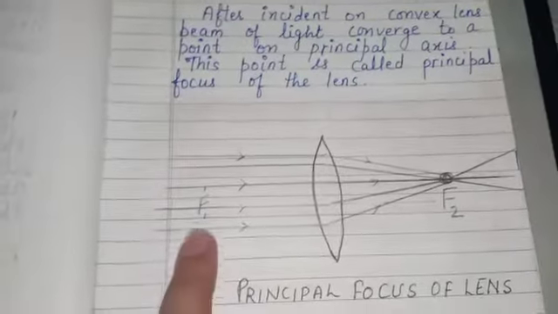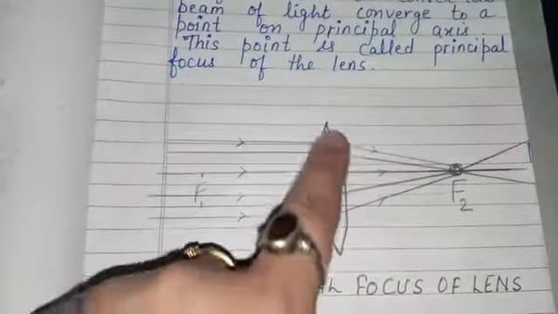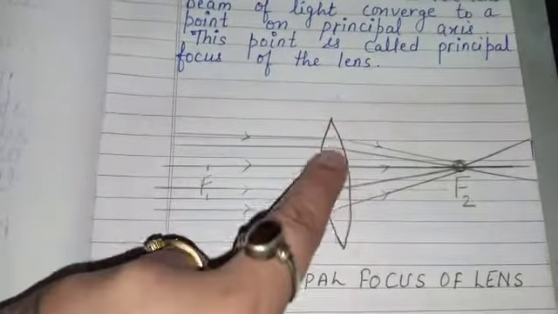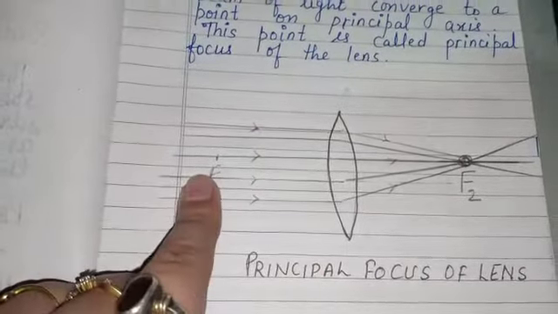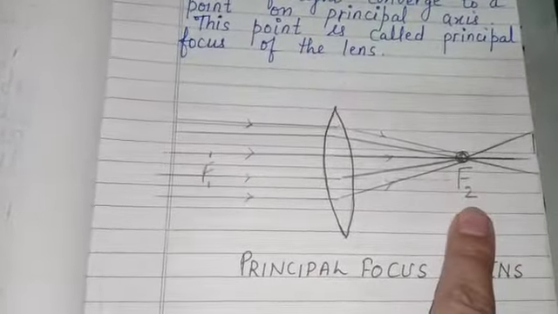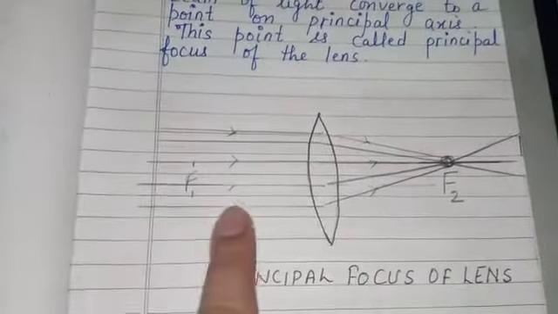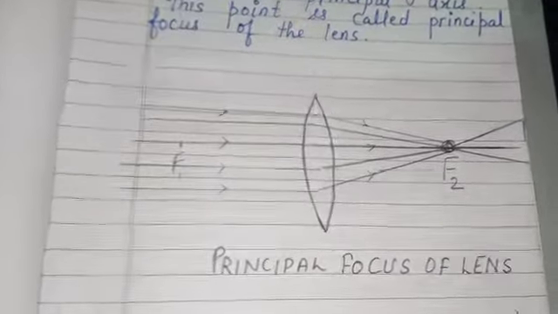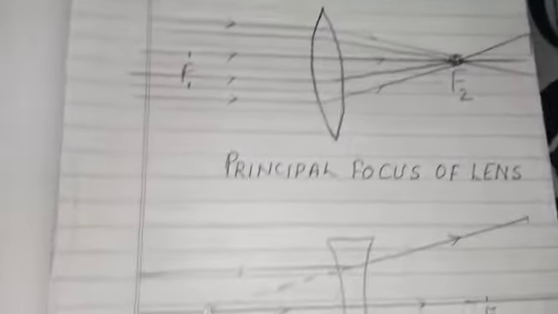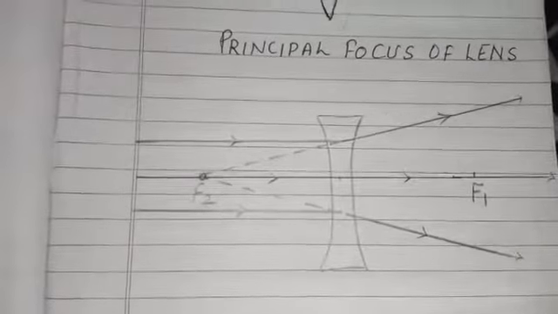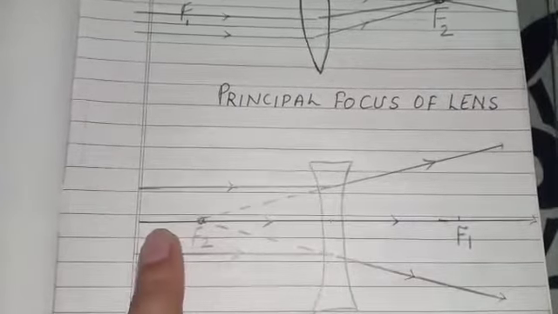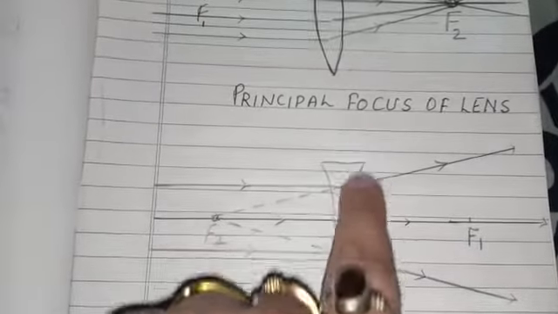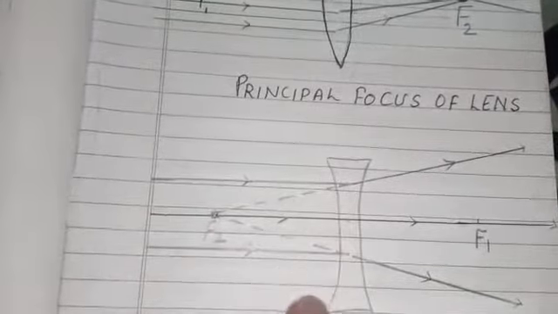Right? This is on both sides, because this one is part of sphere 1 and this one is part of sphere 2. Right? So at the same distance here also it is a principal focus, and on the right side also it is a principal focus. So that's why I have shown you F1 and F2. This is for the convex lens. Here also there is a principal focus. Here F1 and here F2: for this sphere it is F1, for this sphere it is F2.